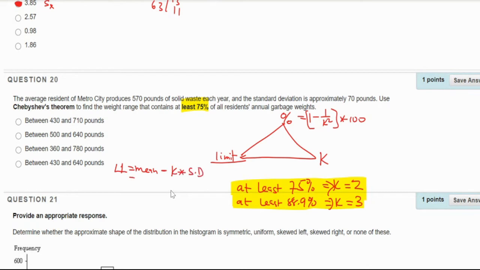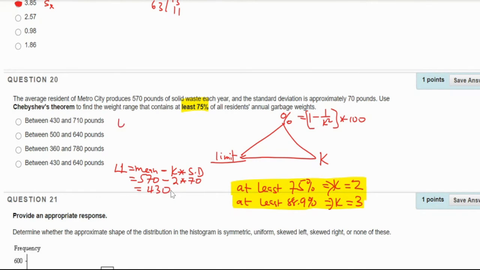So let's do the lower limit. They said the mean is 570. 570 minus 2 times the standard deviation, which is 70, gives us 430.